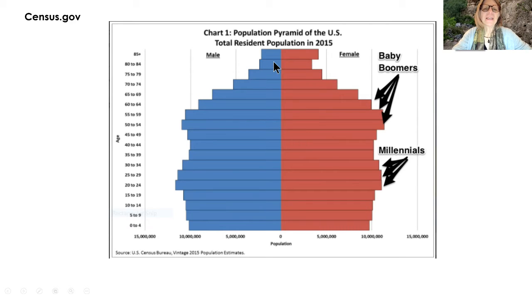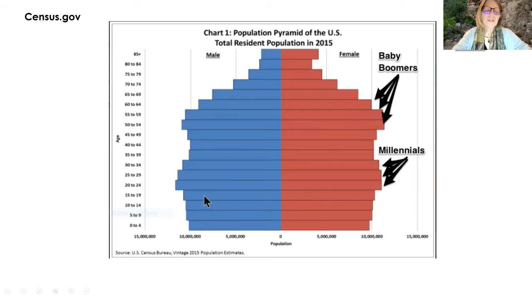Males tend to die off earlier than females, and we see that here in the 80 to 85 and beyond, definitely more females. We can see that there's some big outliers.